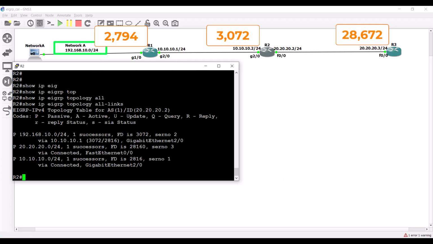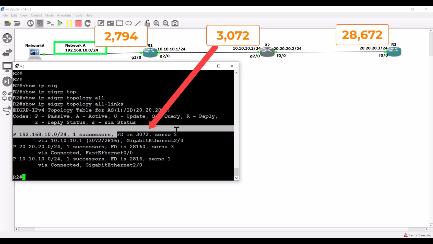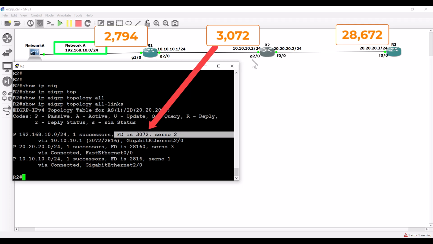And as you can see, network 192.168.10.0 with the /24, which is our network A, calculation metric is 3072 for the feasible distance. You can see that, right? So our answer for router 2 is okay. Now we calculated the feasible distance metric calculation for router 2 correctly.